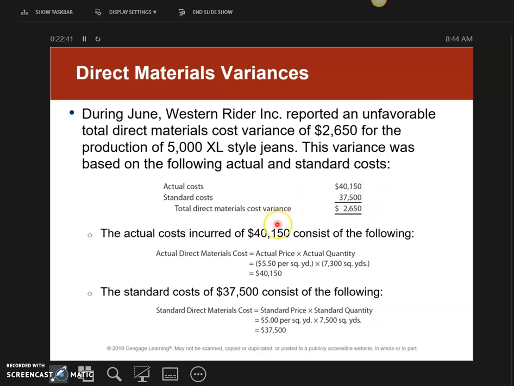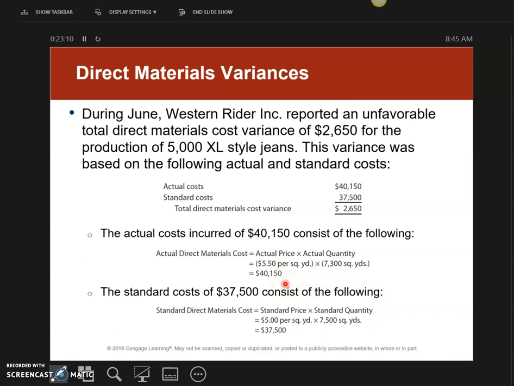So here's my formula. You can write this formula down right here if you'd like, but it is on the handout I'll be giving. So my actual direct materials cost is the actual price times the actual quantity. We already determined that we were given this information, our actual price, AP times AQ. So our actual price is $5.50, our actual quantity was 7,300.